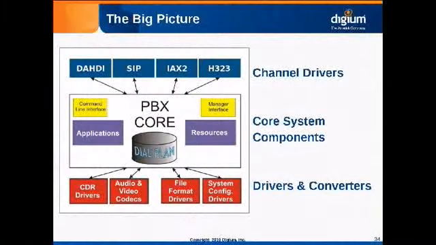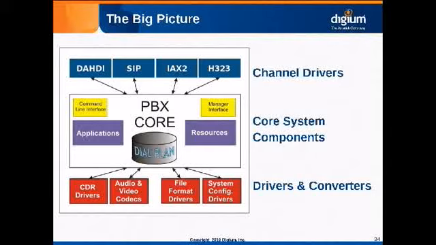Okay. The more important thing that I want you to understand is this picture right here. This picture sets out the map for the architecture of how the different pieces of Asterisk work together. Across the top, we have some blue boxes. Across the top of this picture, I have what we call channel drivers. Channel drivers are pieces of Asterisk that go out and talk to the outside world using a particular protocol.